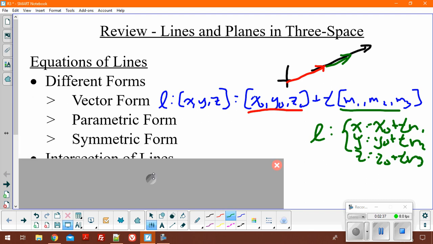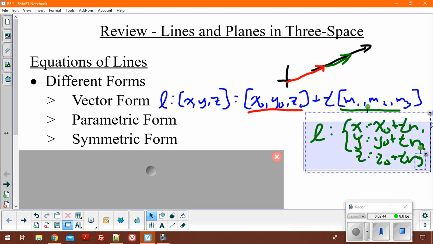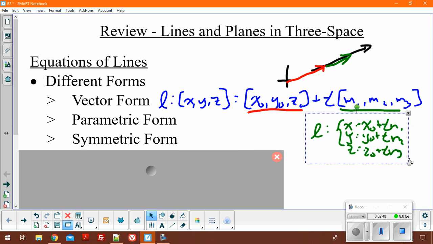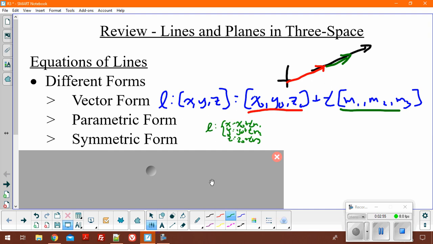There was a third form, which we didn't use quite as much, called symmetric form. What that form looks like is just taking your parameters and rearranging them to solve for the variable. I use purple for that one.